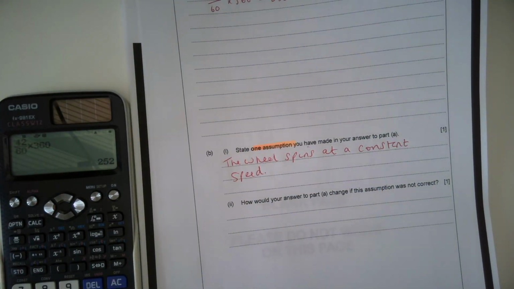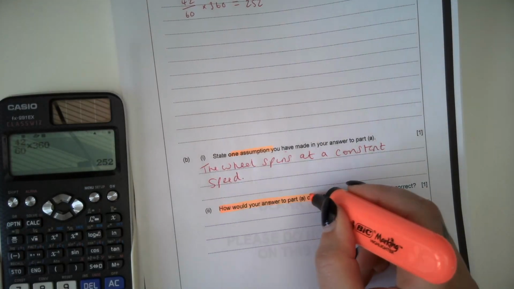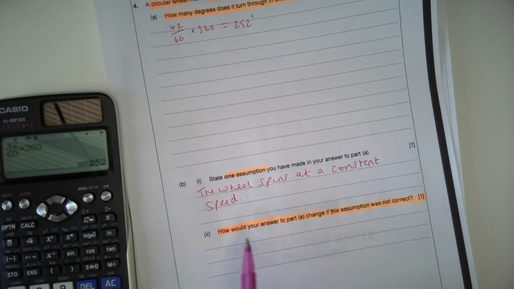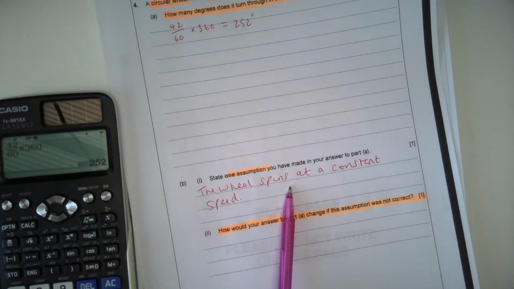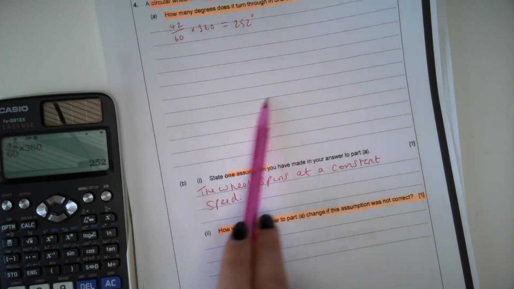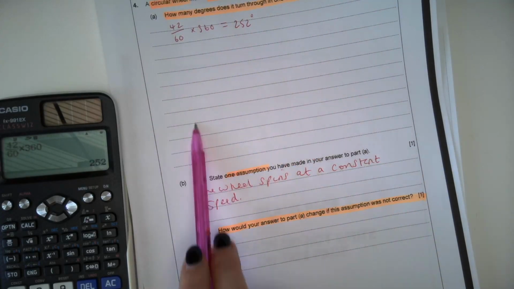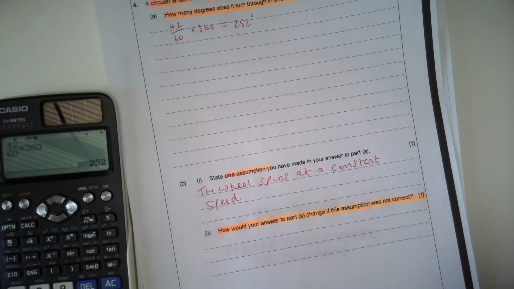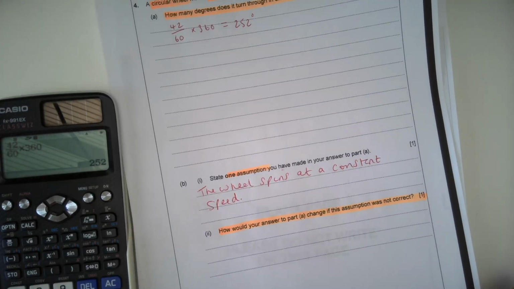Okay, B part 2. How would your answer to part A change if this assumption was not correct? Okay, so if it's spinning faster, it will have turned through more degrees because it'll have done more turns. If it was spinning slower, it would have turned through fewer degrees because it will have done fewer turns.